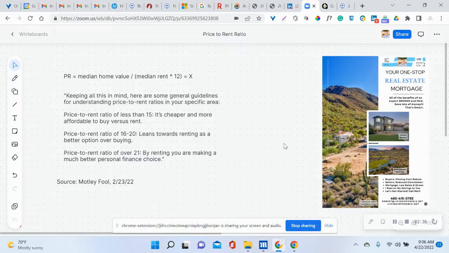If I turned this ratio in as a sample of my work, I would get an F, right? There's certainly a lot more factors out there. One that stands out to me as a loan originator is the impact of interest rates.